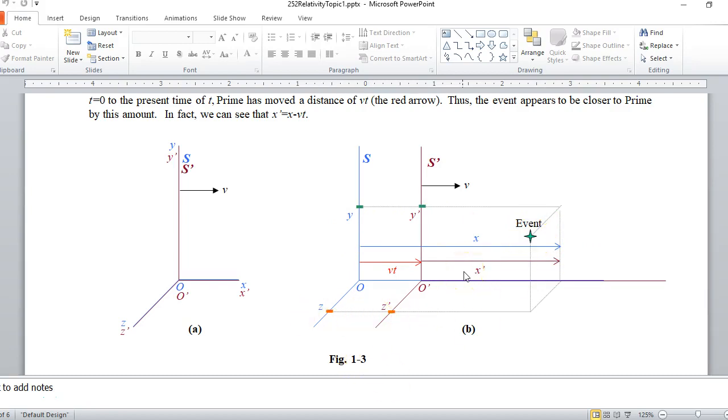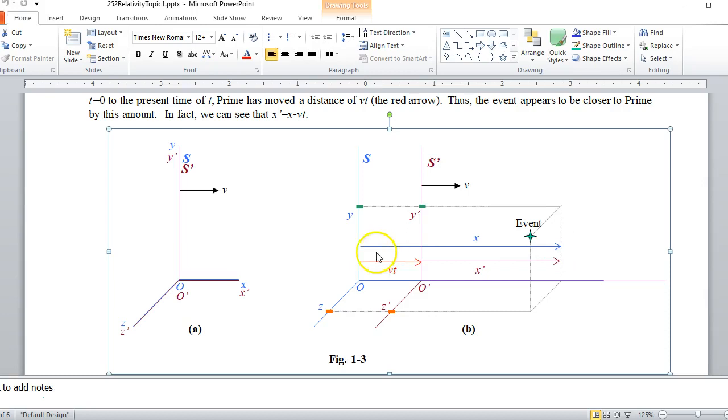There is going to be disagreement on the x values. For the person in frame S, they're going to measure this long distance x right here. For the person in frame S prime, who you can think of at the origin O prime, they're going to measure this shorter distance x prime. Well, how much shorter is it than the longer x? This distance right here, this distance of travel, vt.